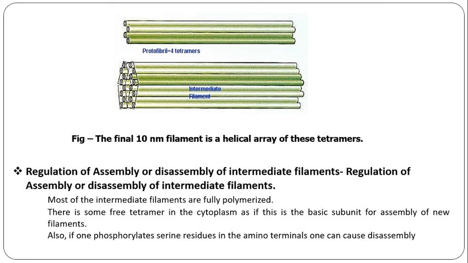Most are fully polymerized, there are some free tetramers in the cytoplasm as the basic subunit for assembly of new filaments, and phosphorylating serine residues in the amino terminals can cause disassembly.